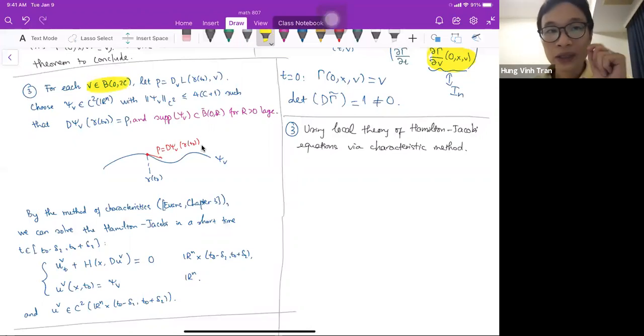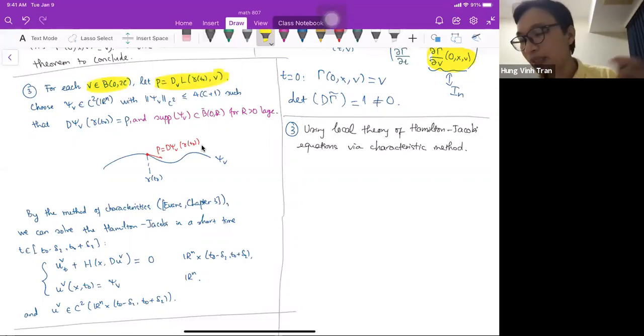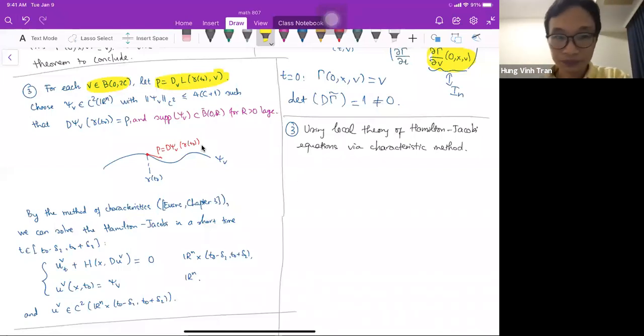So I need, in a way, to adapt that for this thing. I'm just writing it down and I'll explain it in the next step. For any velocity v, I let p be just the dual of v. So p is D_vL of gamma(t_0), v, the dual of v.